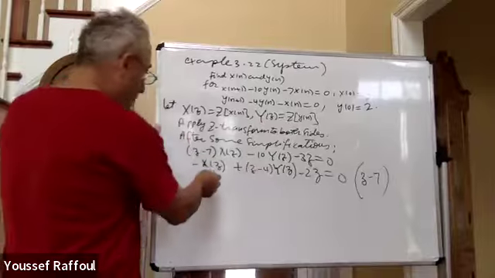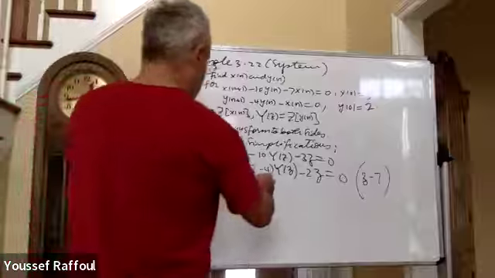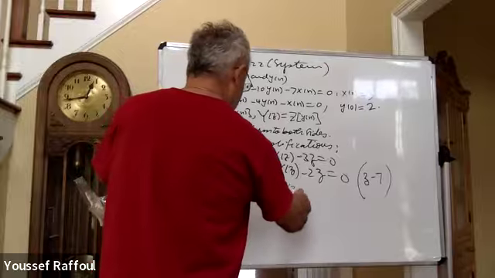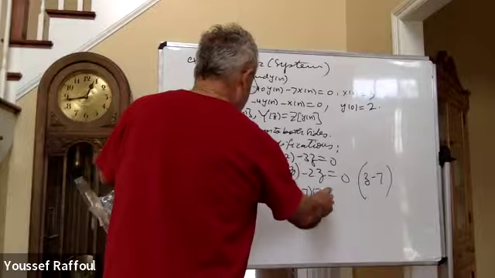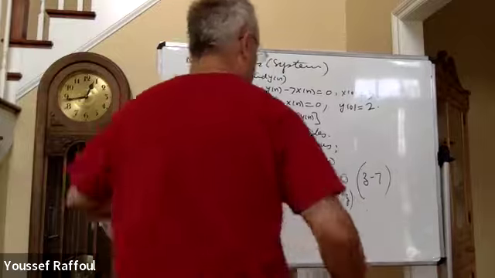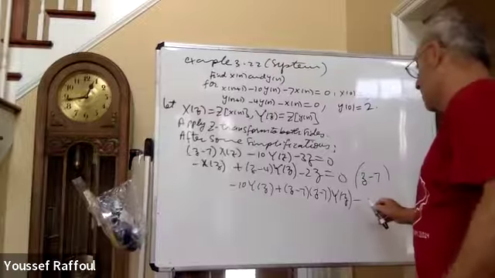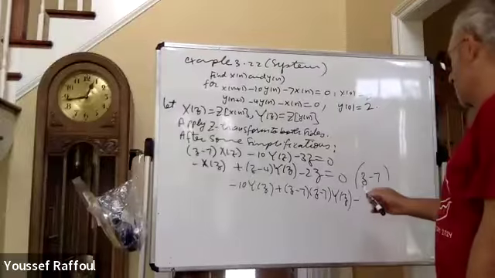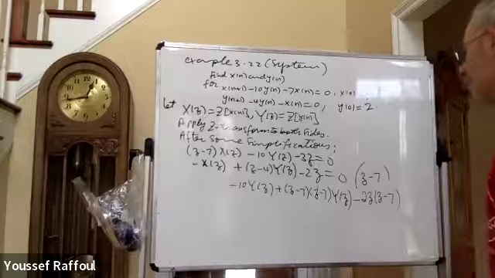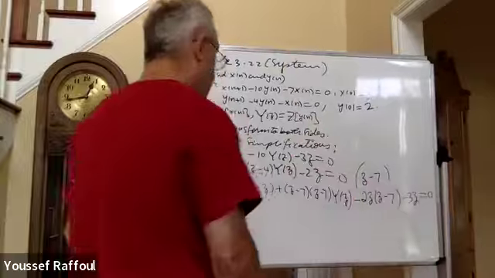So if I multiply this equation by z minus 7, this will be 0, and then this will be minus 10 Yz plus (z minus 4)(z minus 7) Yz, and minus 2z(z minus 7) minus 3z equals 0.